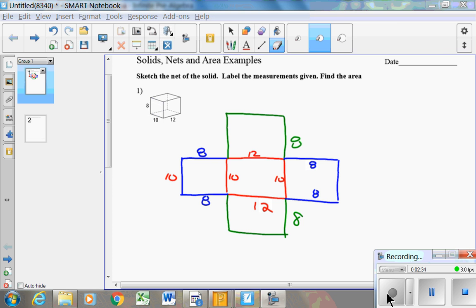So now if you look at what we've done, I've taken the bottom 10 by 12, I've taken what I'm calling my left 10 by 8, I've taken my right 10 by 8, and I've folded those out. The only thing I'm missing is my top. So I need one more shape that is 10 by 8, and I can either put it on the top of the green rectangle or the bottom of the green rectangle.